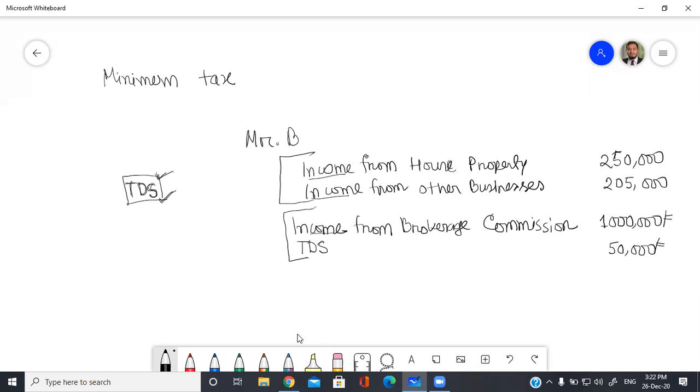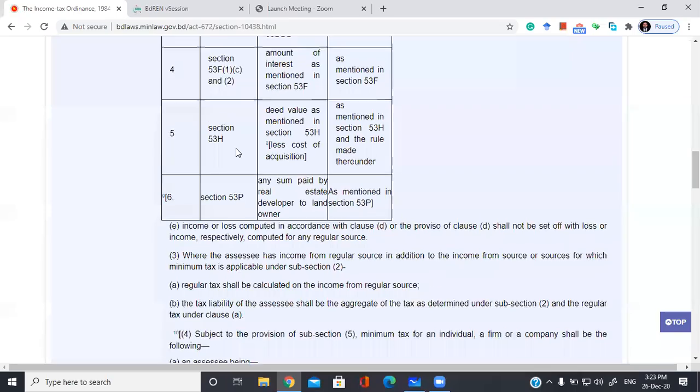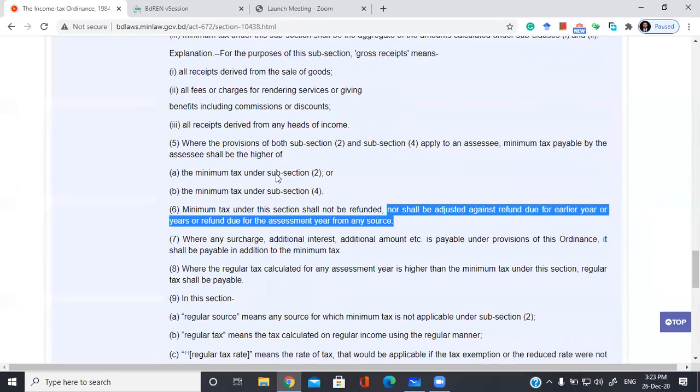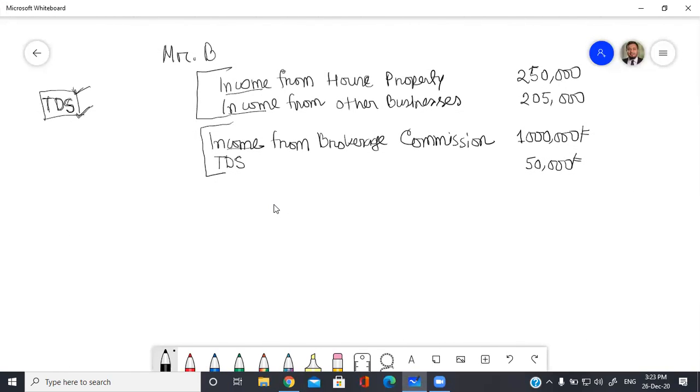Let me give you the reference. If you try to see the list, the 82C, what I just showed to you, you will try to explore whether the house property income is listed here or not. Then you will be able to connect that the TDS which is charged in income from house property is also the minimum tax for the house property income.